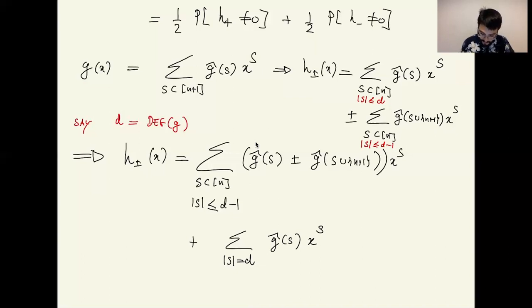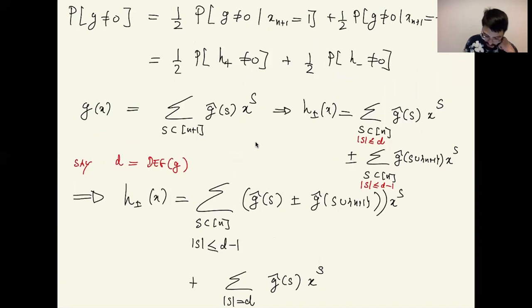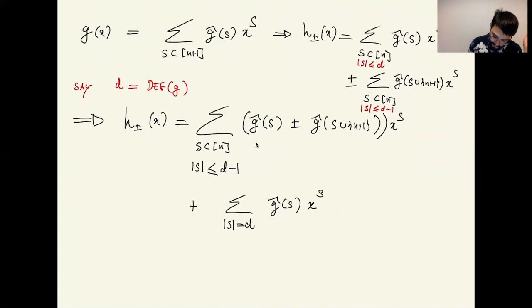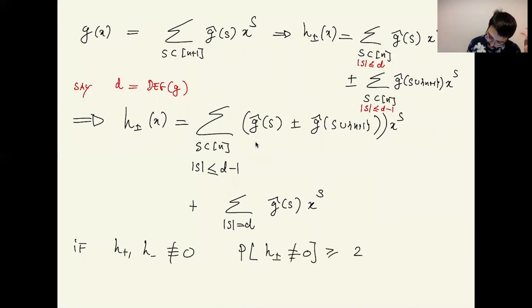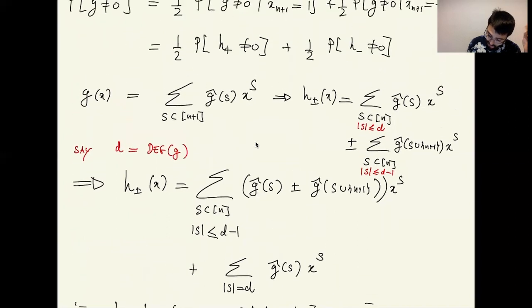Okay. So now let's make some assumptions, and maybe I can explain only in words. Suppose that both are non-zero. Let me put it in cases. If H plus and H minus are both not zero, then by induction, the probability of H plus or minus not being zero is greater or equal than 2 to the minus the degree of H plus or minus.